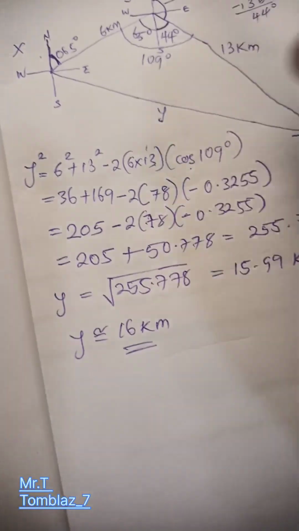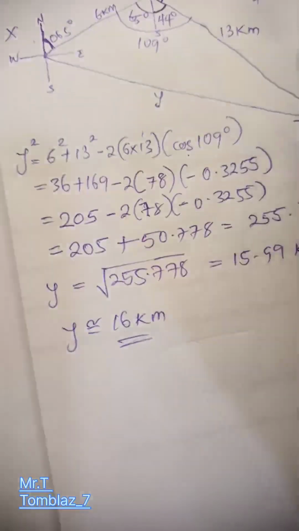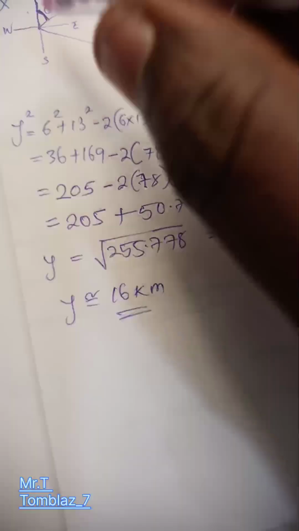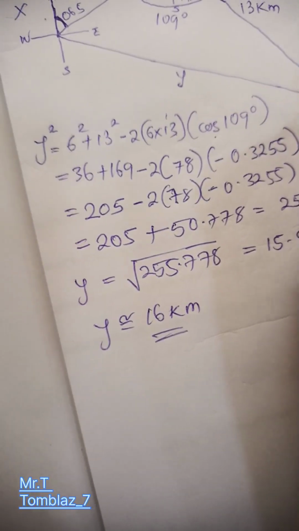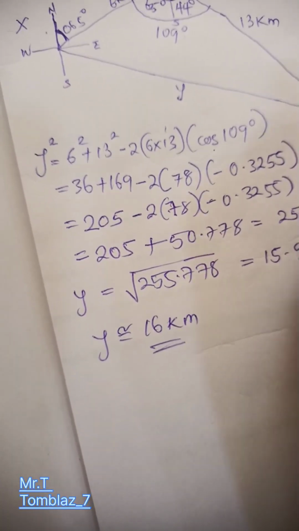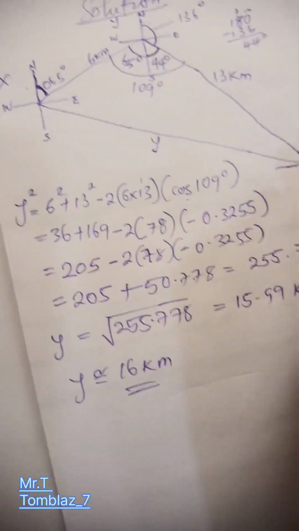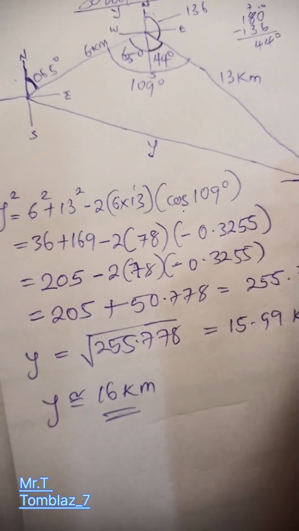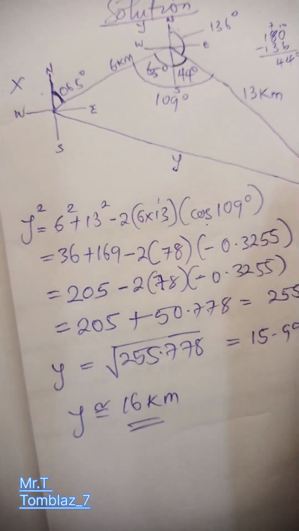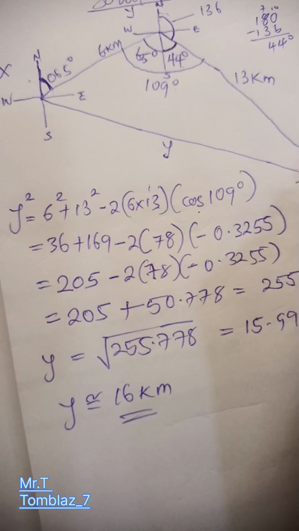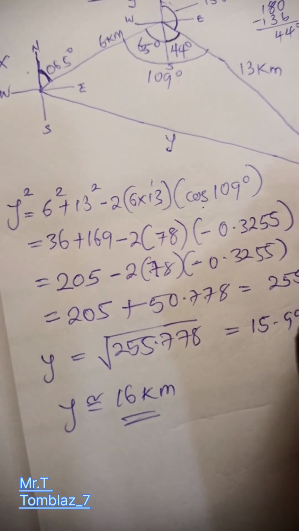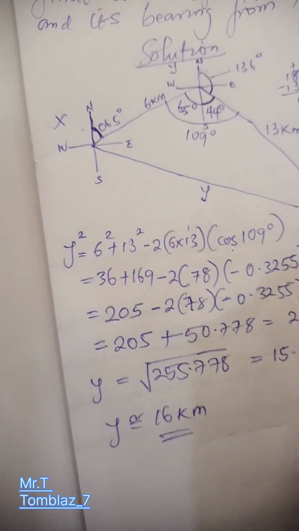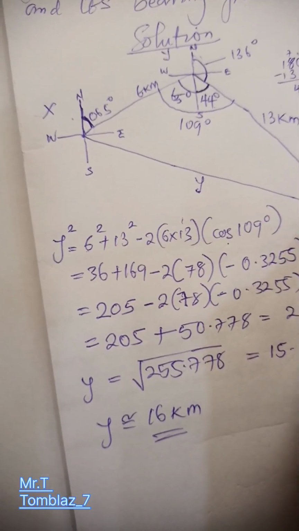Now the second question is to find the bearing of Z from X, because this is the stop point. So we'll find the bearing. Now in finding the bearing of a particular place, in this case Z from X, we have to start taking our bearing from north down to the point where the line from the start point meets the point Z. So the problem is knowing this turn.